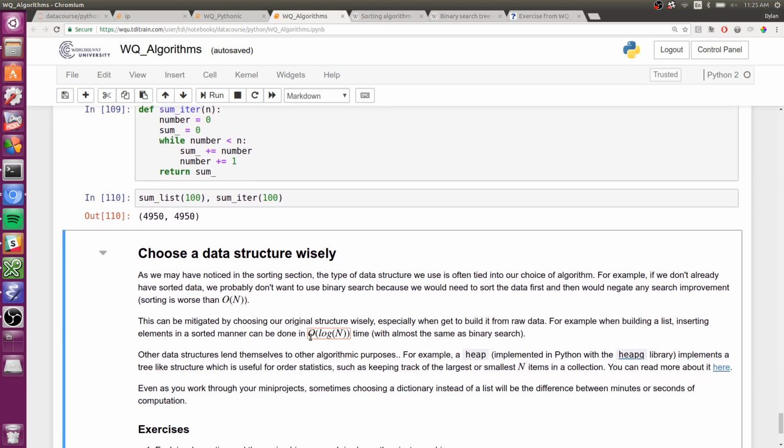But we could also build what's called a heap. And a heap can add elements in a sort of sorted way in log n time. So the heap is actually very closely related to binary search.